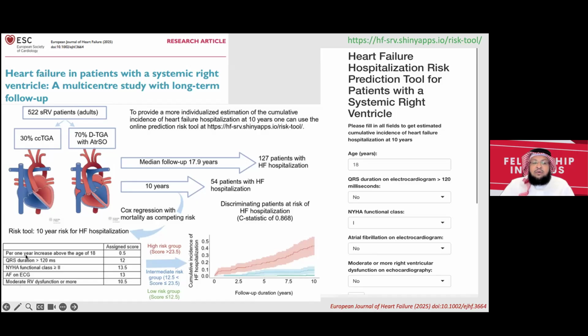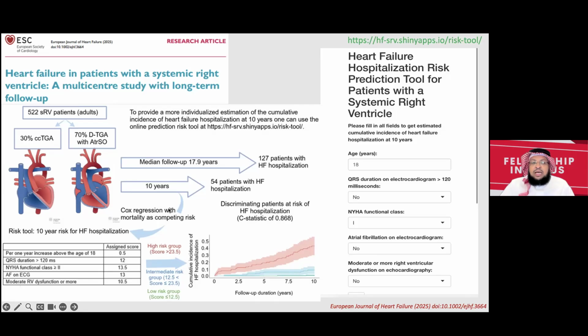They found that age above 18 years, with 0.5 points for every year, QRS duration more than 120, functional class more than 2, atrial fibrillation on ECG, and moderate RV dysfunction or more were predictors. They categorized those patients into a high risk group, those who scored more than 23.5, an intermediate risk group between 12.5 and less than 23.5, and a low risk group, less than 12.5.